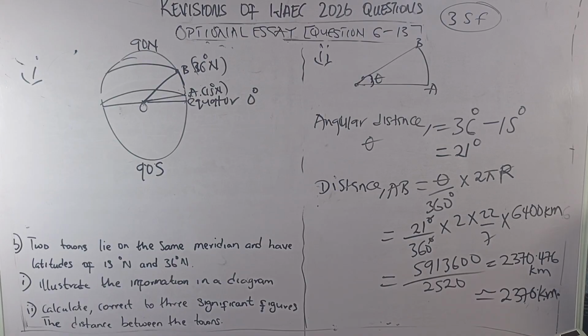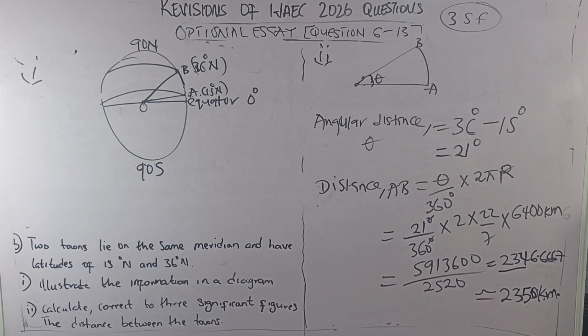So we're supposed to have 2,346.6667. So this is supposed to now give us 2,3 to 3 significant figures. This is what? Greater than 4. We add 1 to this 4, it becomes 5. We have 5 and we have 0. So the answer should be 2,350 kilometers to 3 significant figures.